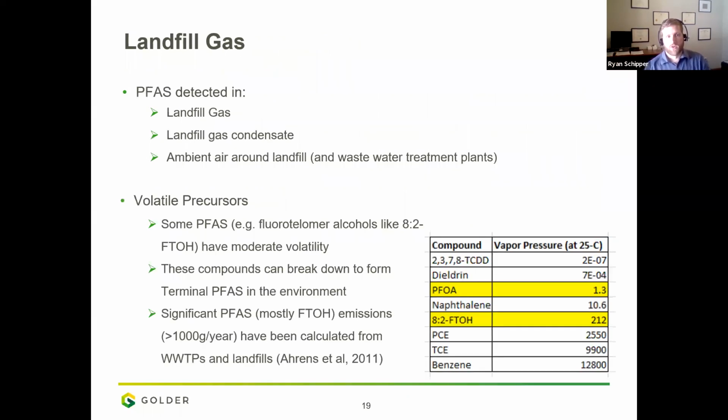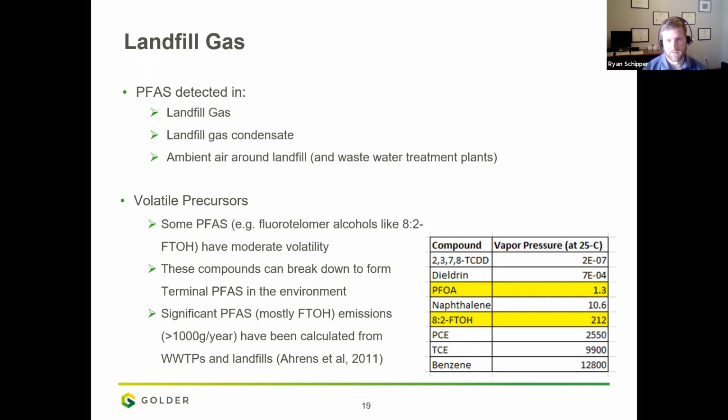Real quick on the landfill gas, PFAS has been detected in landfill gas and landfill gas condensate, as well as in the ambient air around landfills and some wastewater treatment plants. Again, this is mostly due to precursors. Some PFAS such as the fluorotelomer alcohols have a moderate volatility.